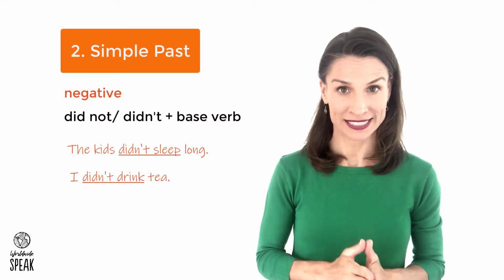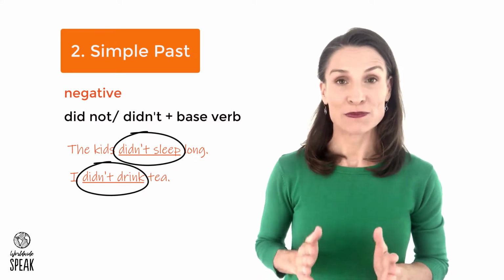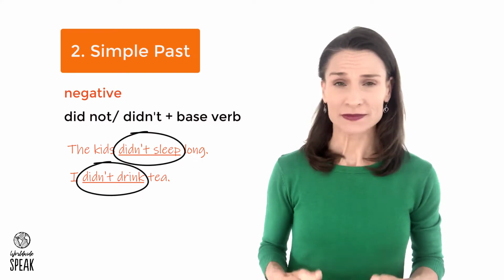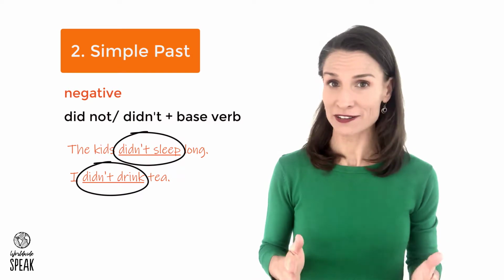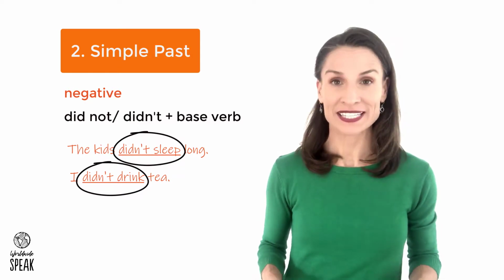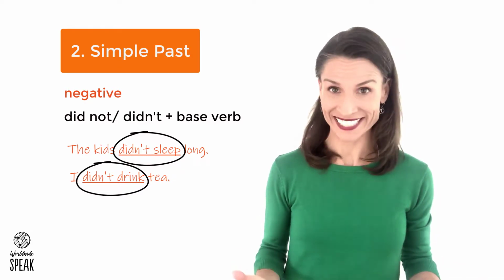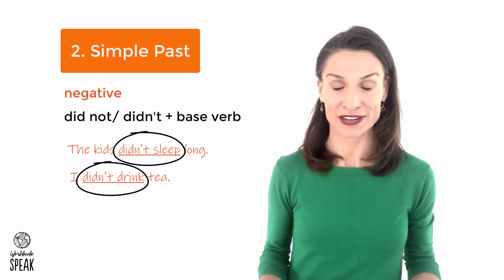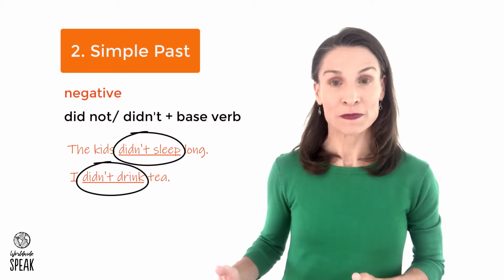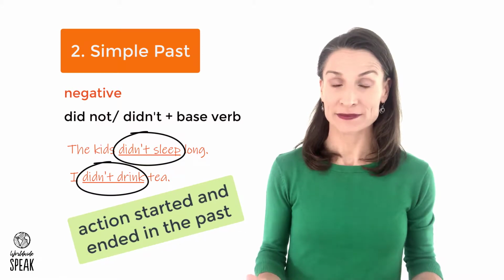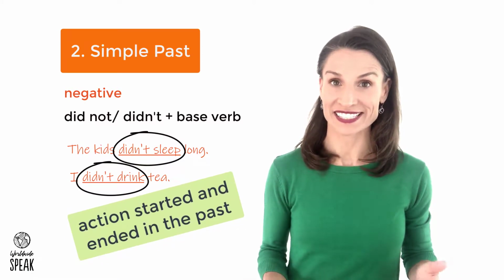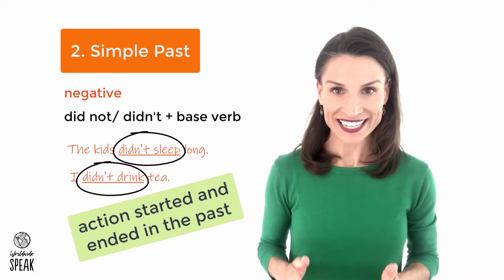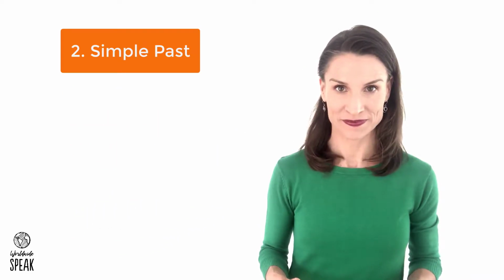We're going to use did not or didn't and the base form of the verb, even if our verb is regular or irregular. And this is simple past. This is for an action that started and ended in the past.